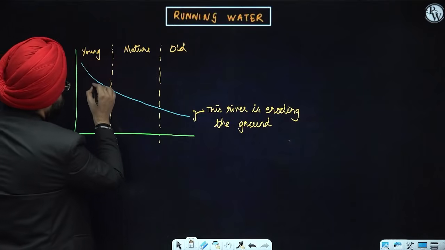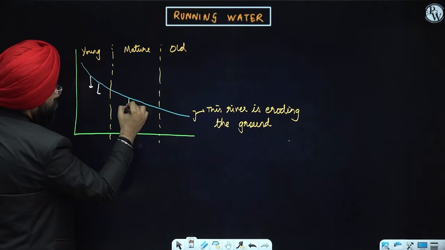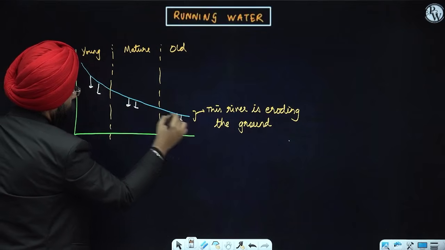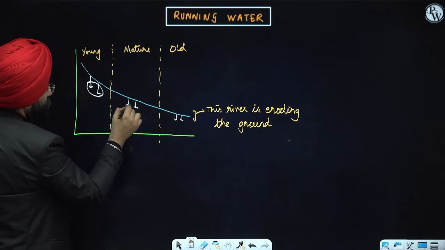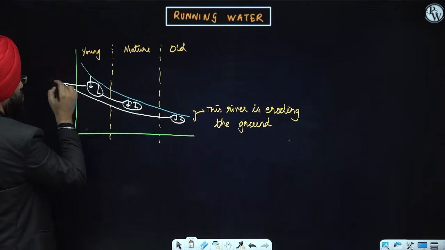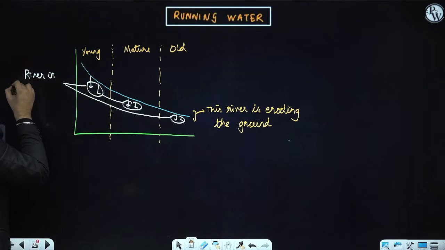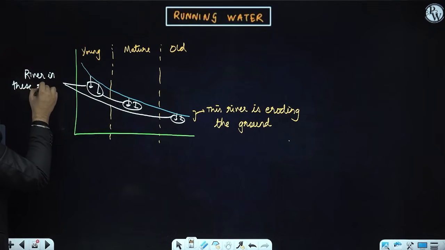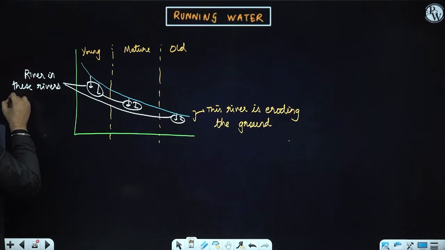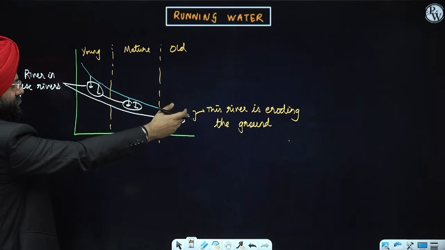You know that this river over here will like to erode. Do you realize everything that I mentioned here, all these three things? The river in these stages, relatively, yes, obviously the erosion will be greater, with greater force, and here it will be very little, minimal.